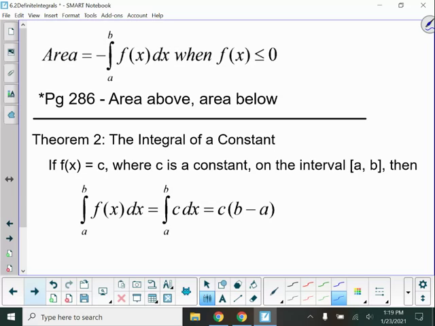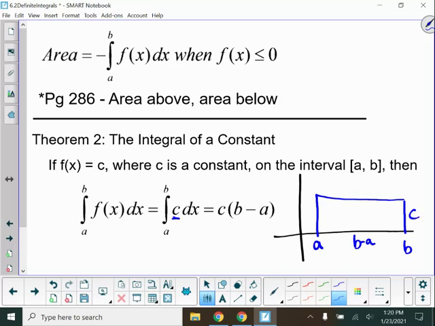Because if you were to graph this c, because it is a constant, it's going to be a straight line. And so if we're going from a to b, this distance is b minus a, this height is c, because that gives you a rectangle, and that would be the formula for area of a rectangle.